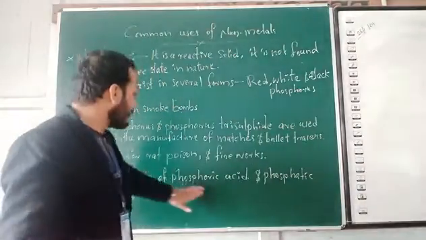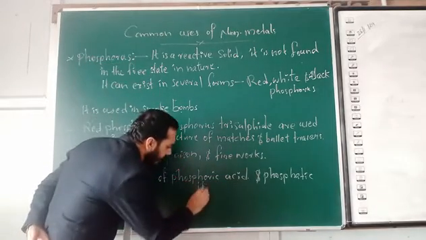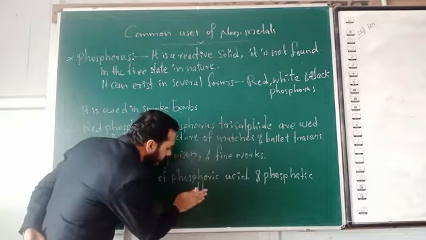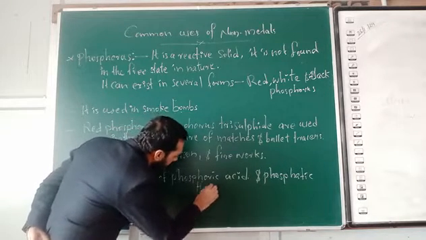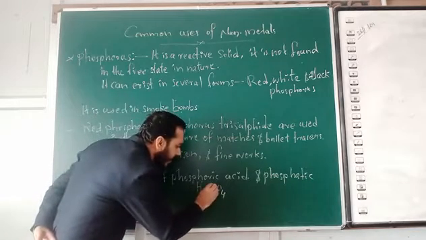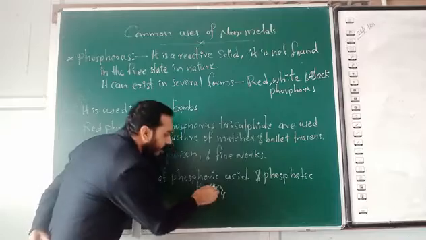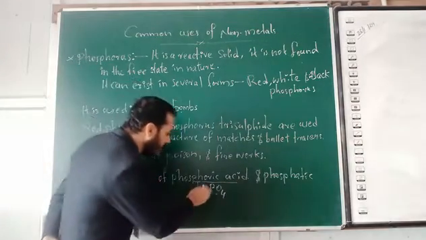Next, it is used for manufacturing phosphoric acid. Phosphorus is very important for the manufacturing of phosphoric acid. What is the chemical formula of phosphoric acid?